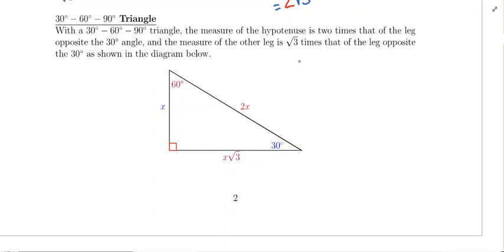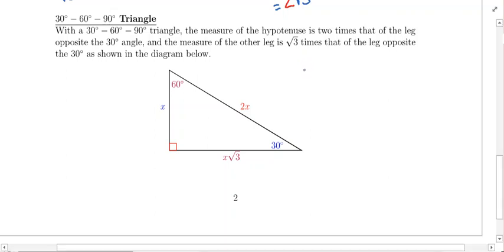Okay, let's try to translate that sentence so that this relationship is a little easier to apply. In a 30, 60, 90 degree triangle, you are going to have a short side. The short side is going to be the side that is opposite the 30-degree angle.